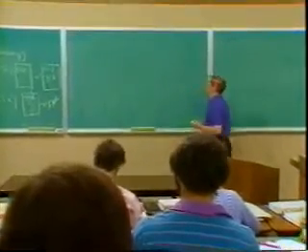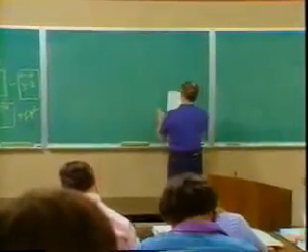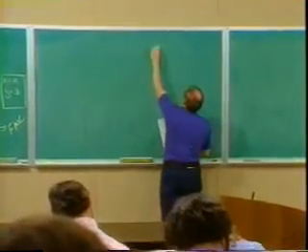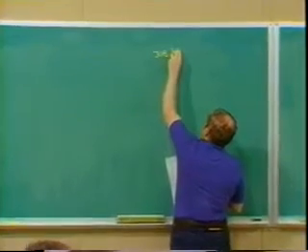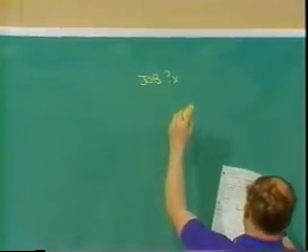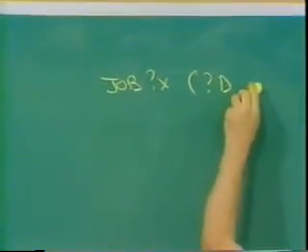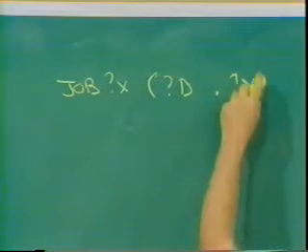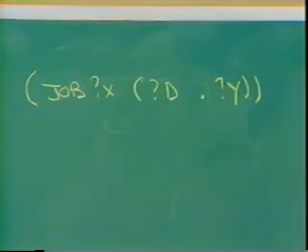A primitive query is going to be a rather complicated thing. Let's think about the query job of X is D dot Y. That's a query we might type in.